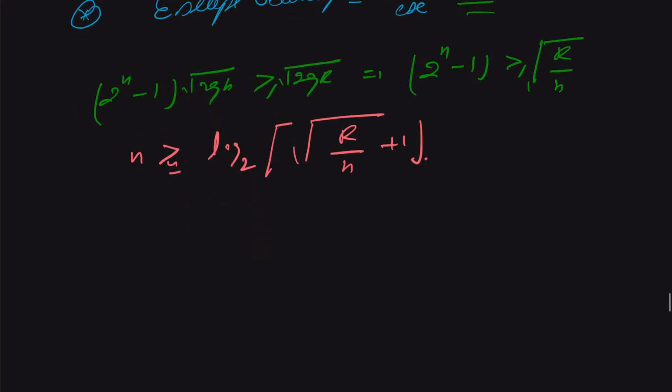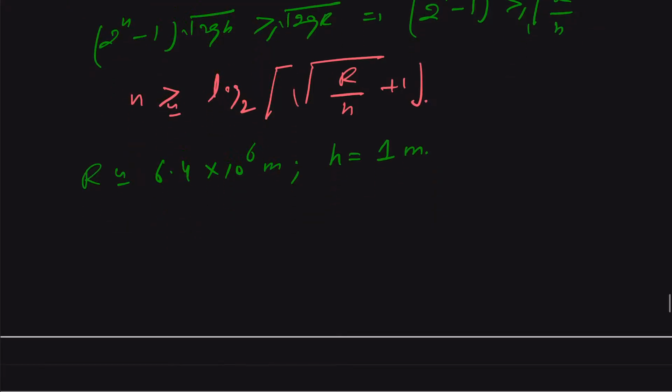And we know that our radius, capital R, is approximately equal to 6.4 times 10 to the power 6 meters, and h is given in the question as 1 meter. And from here we can say that our value of n will be approximately equal to 12.